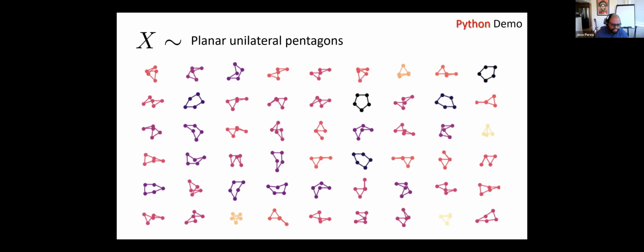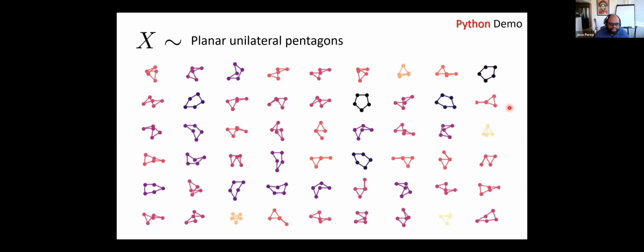Similarly to the cyclooctane example, our data set is going to be a collection of pentagons on the plane. The side lengths are 1. And we deem 2 such pentagons to be the same if you can put one on top of the other up to some rotation and translation. Okay.